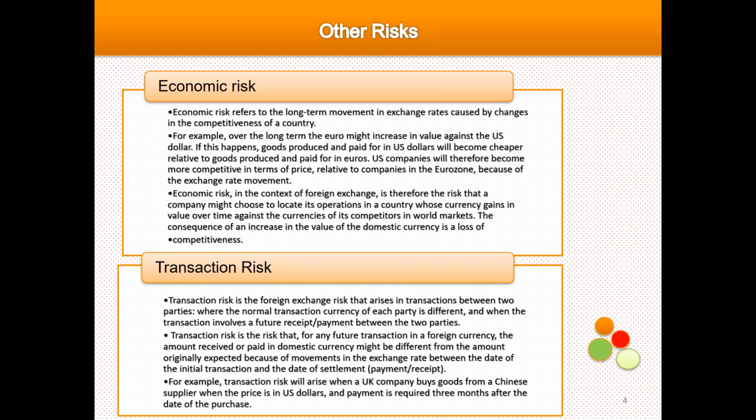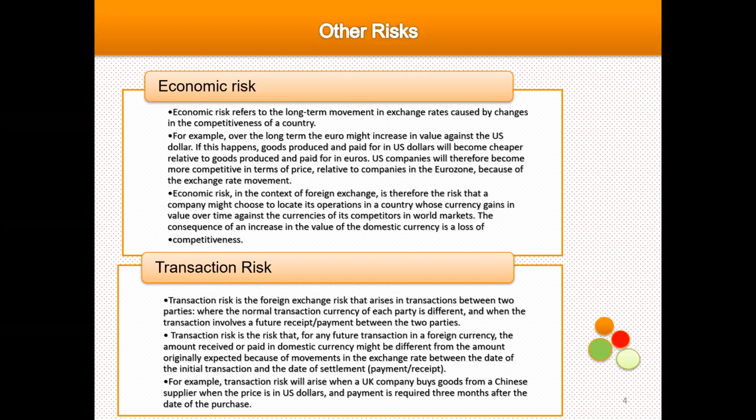Right? So you buy something on credit on 1st September, it was 1-to-1. Then on 1st December, it changes totally. There's a transaction risk in that case.